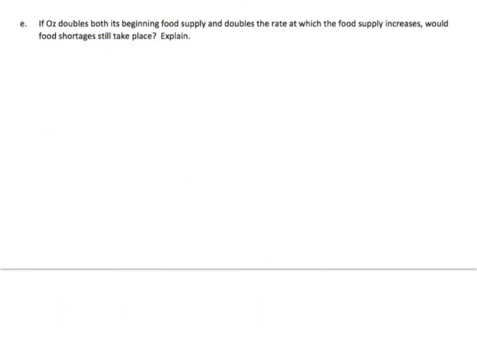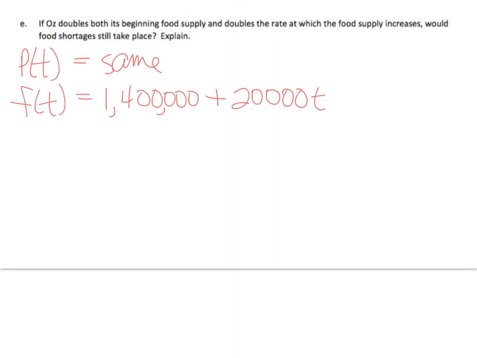So if Oz doubles both its beginning food supply and doubles the rate at which the food supply increases, would the food shortages still take place? So our population equation does not change, but doubling the beginning food supply is now 1.4 million. So we went from 700,000 to 1,400,000, and then doubling the rate which the food supply increases from 10,000 to 20,000.